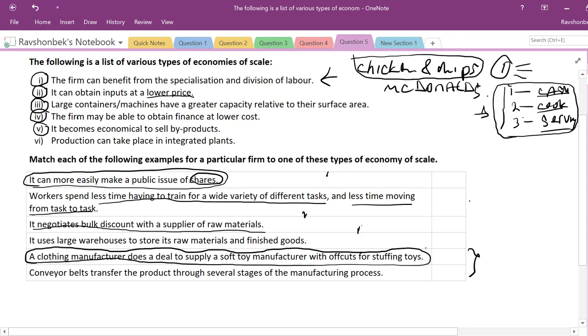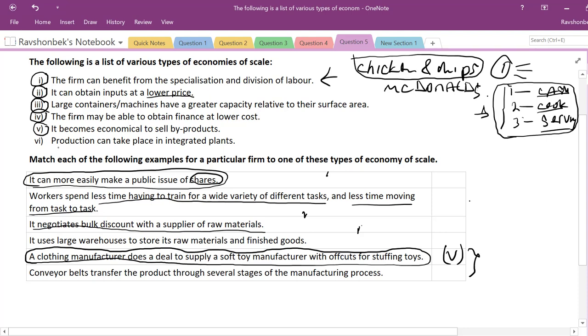But if you're large, obviously you produce more output, and as a result you have a large amount of offcuts that can be easily sold to a buyer, a toy manufacturer. So it's number 5. It basically gives extra revenue. Yeah, it results in extra revenue, and the cost will then be lower because you are utilizing every inch of that material.